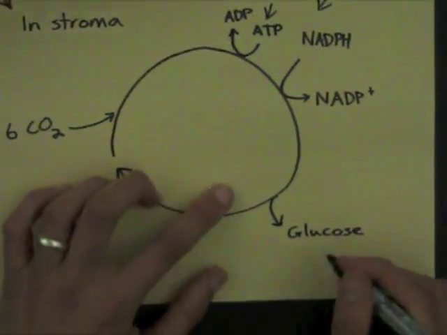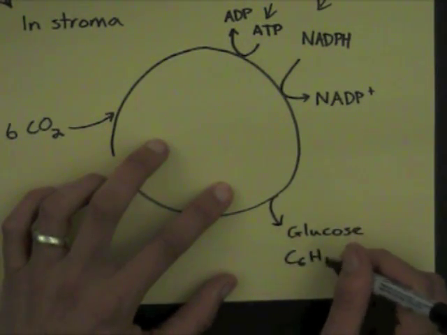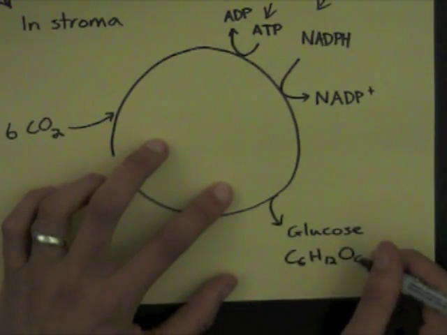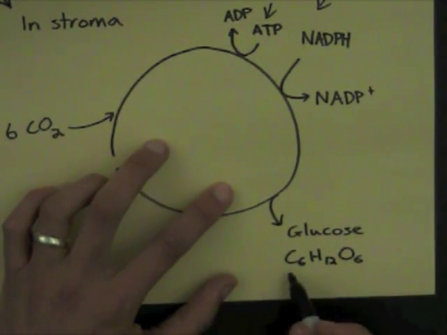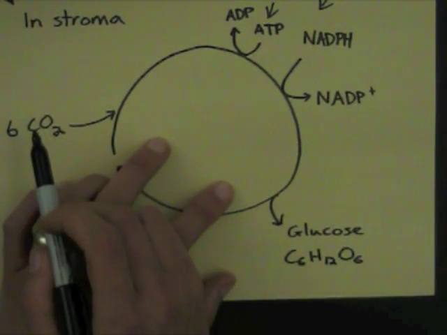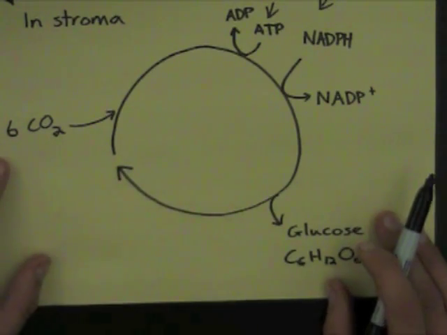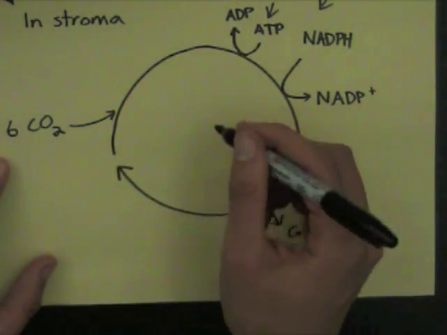Remember that glucose's formula is C6H12O6. So it has 6 carbons in it. That's why we need 6 carbons coming in from carbon dioxide. This is called the Calvin cycle.